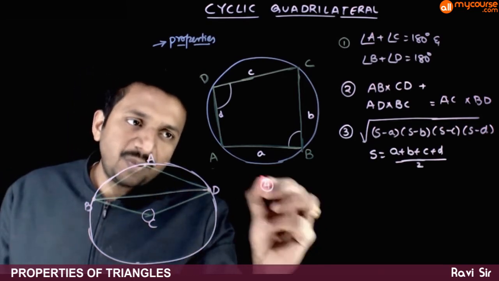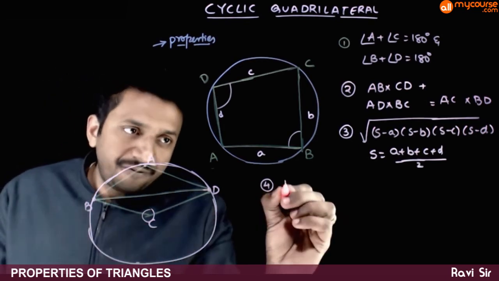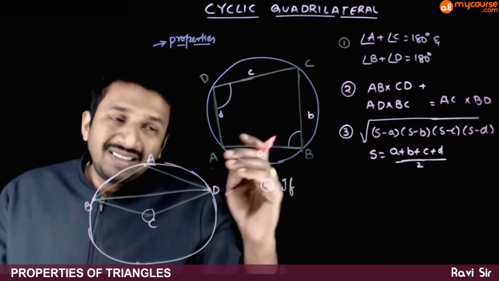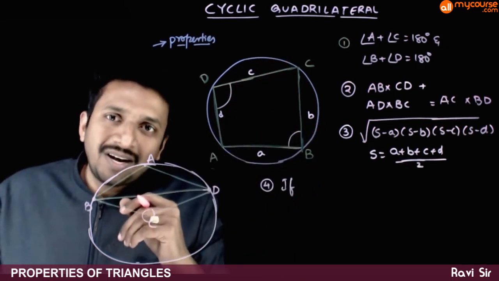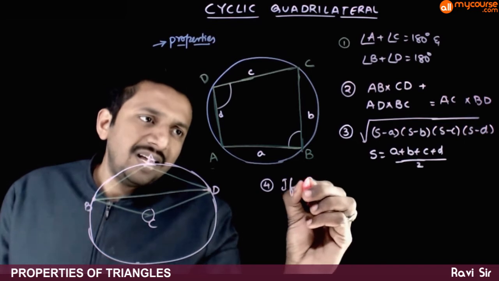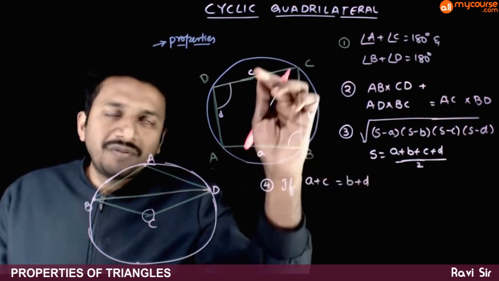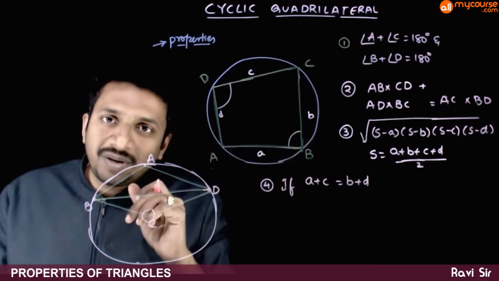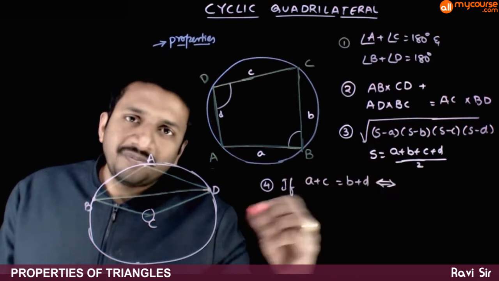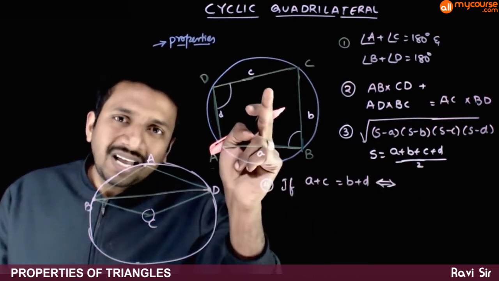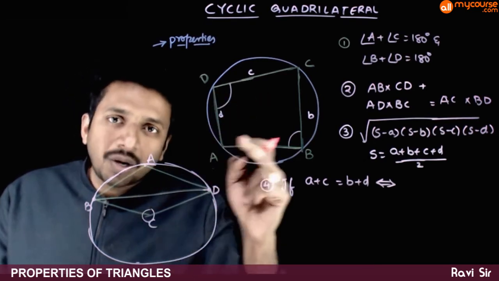And the next property is that if the sums of the opposite sides of the cyclic quadrilateral are equal, that is A plus C is equal to B plus D, then and only then can you inscribe a circle within the cyclic quadrilateral.